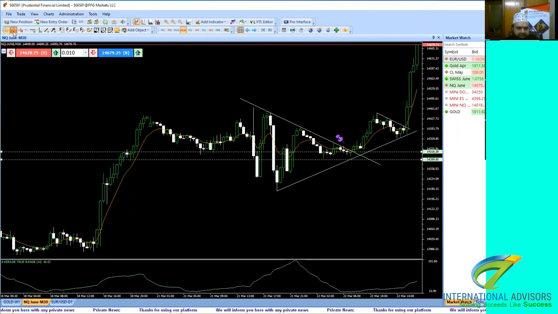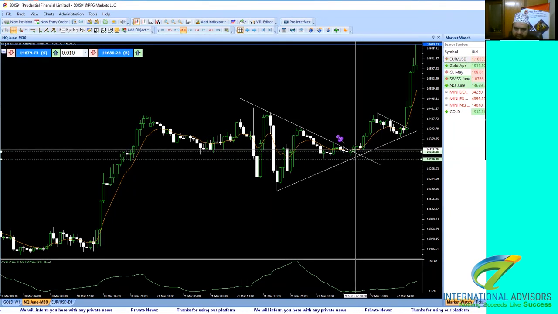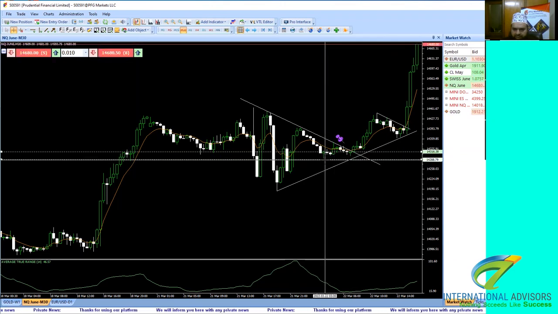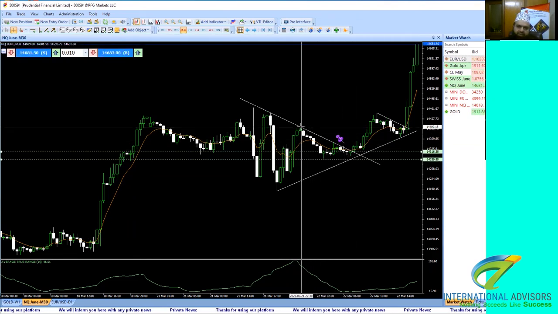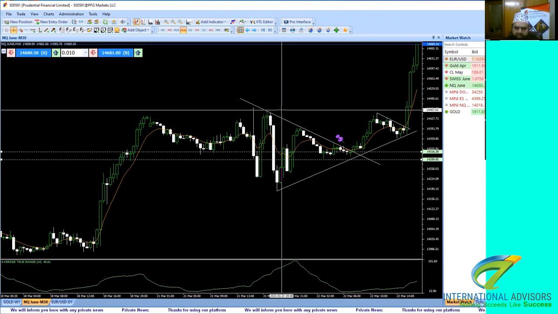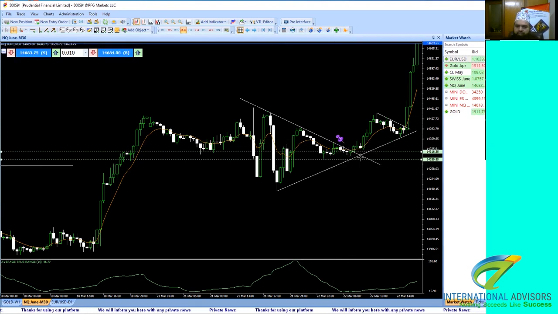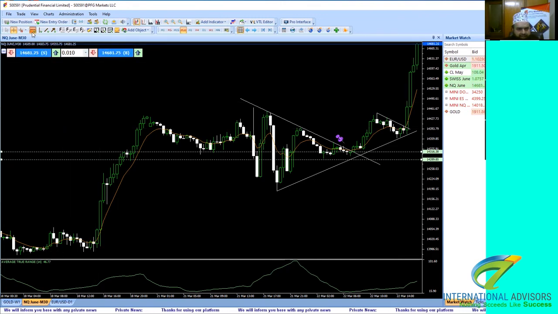And you can see what we believe. Once this is broken here, we buy it here. So this is our SL below this point. So this is our T1 and this is the T2. अब इस सिचुएशन में what we do is अगर आप यहाँ पे, let me draw a line here.